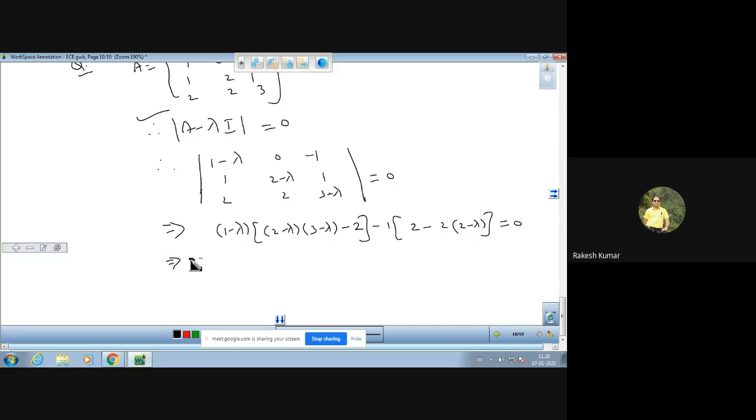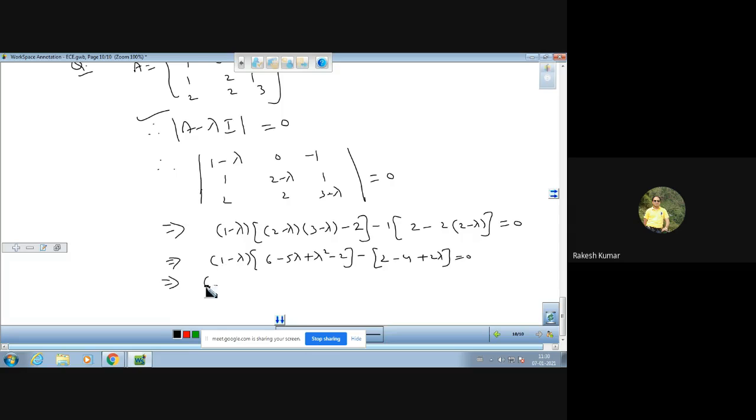Now simplify the equation. 1 minus lambda, this is 6 minus 2 lambda minus 3 lambda, 5 lambda plus lambda square, minus 2. This is 2 minus 4 plus 2 lambda is equal to 0.